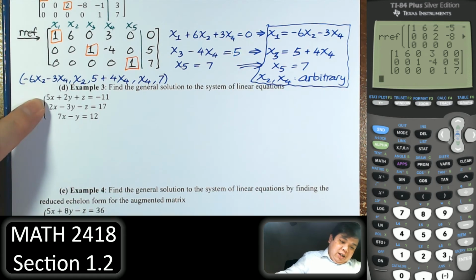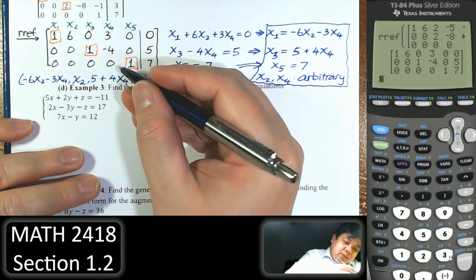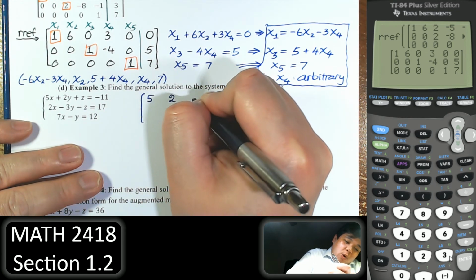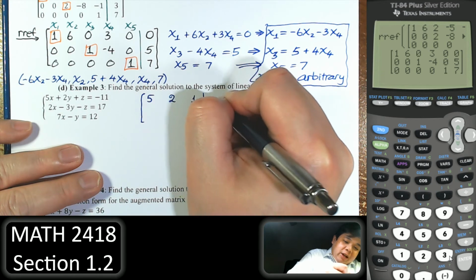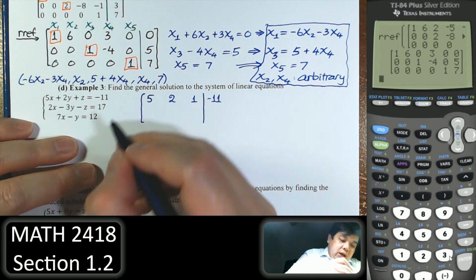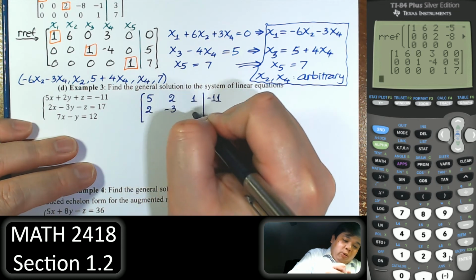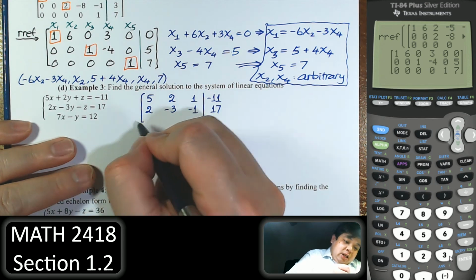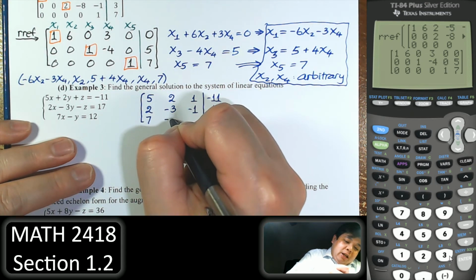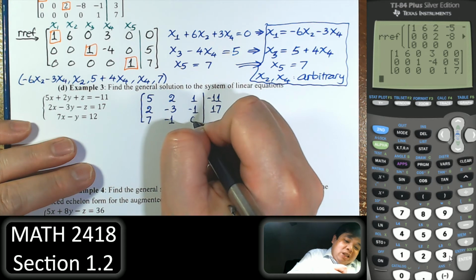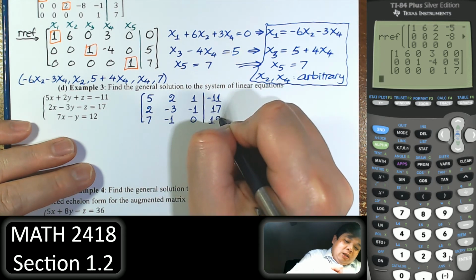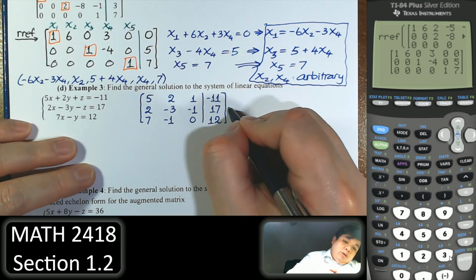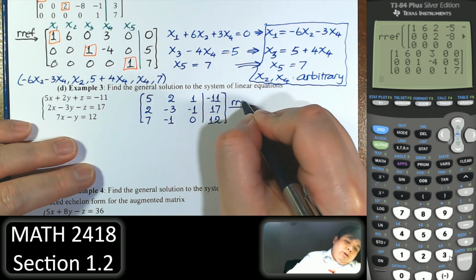Write that as the augmented matrix. 5 for x, 2 for y, 1 for z, negative 11 for the constant. 2 for x, negative 3 for y, negative 1 for z, 17 is the constant. 7x, negative 1y, there's no z, 12 is the constant. Now we'll turn this into reduced row echelon form.